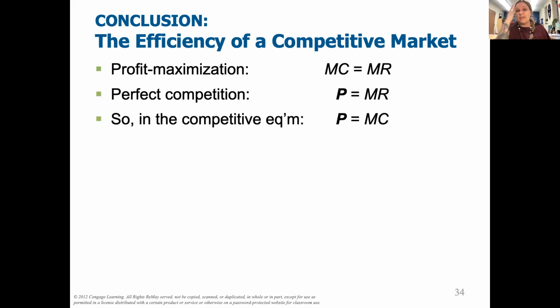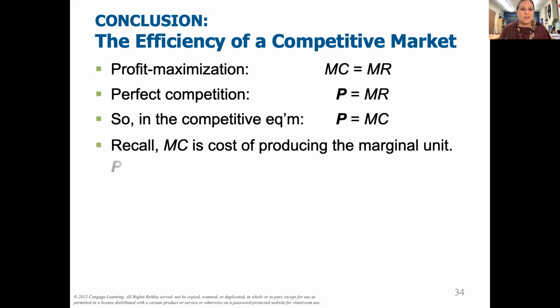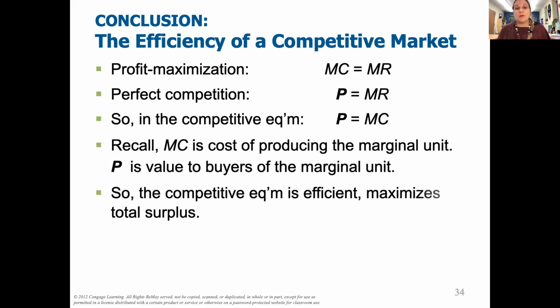So in the competitive equilibrium, if the first two equations are both true, the third equation must also be true. Price is equal to marginal cost. This is that zero profit condition. So the price is the value to the buyer of the marginal unit. So in a competitive equilibrium, we're maximizing total surplus.